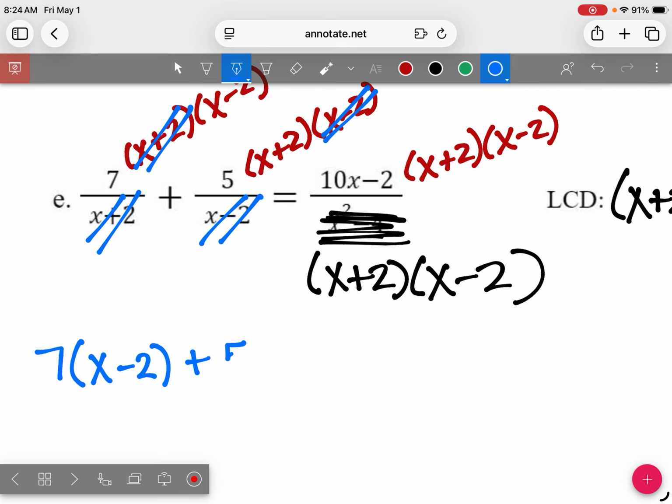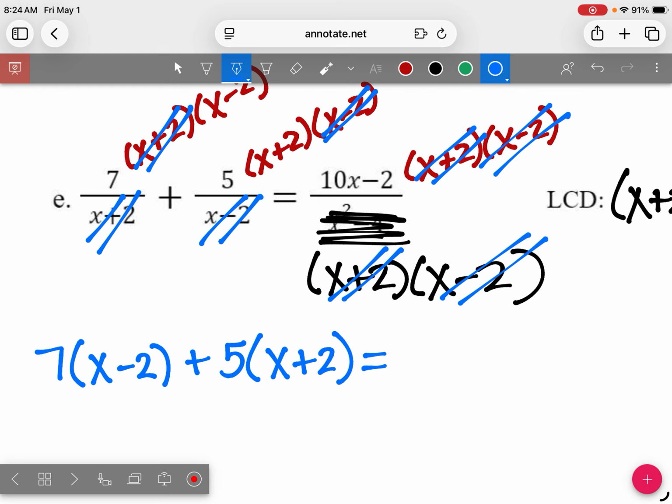And I have a 5 times x plus 2. And at the end, because I have both factors in, I have the x plus 2 and the x minus 2, they both go away. That's going to leave me with 10x minus 2.